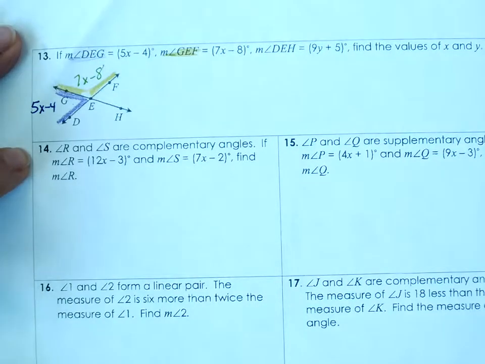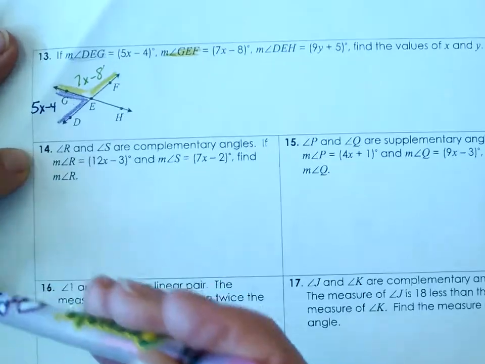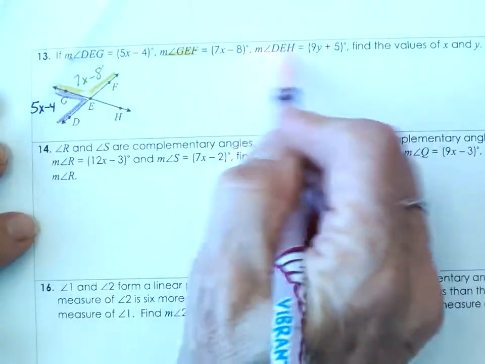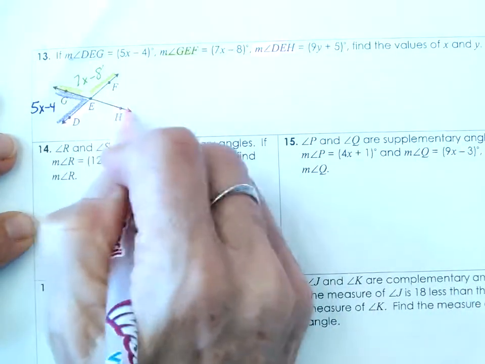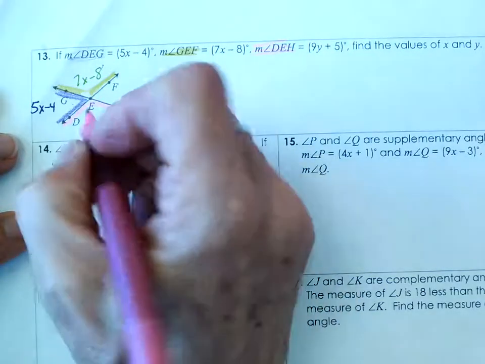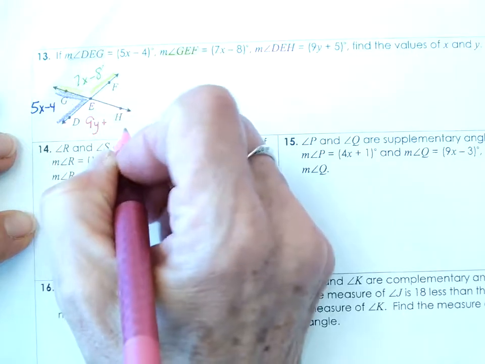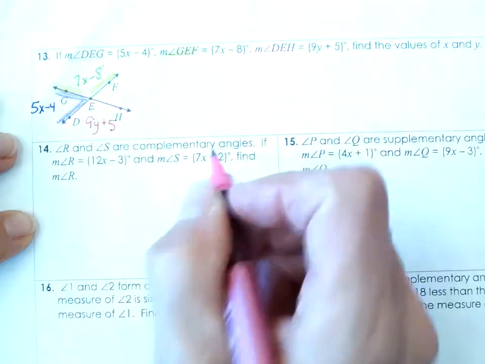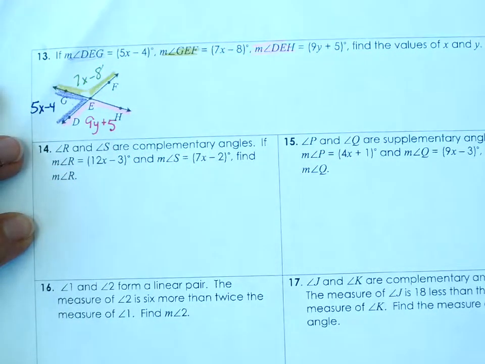And the measure of angle DEH, that one right there, is 9y plus 5. Find the values of x and y.